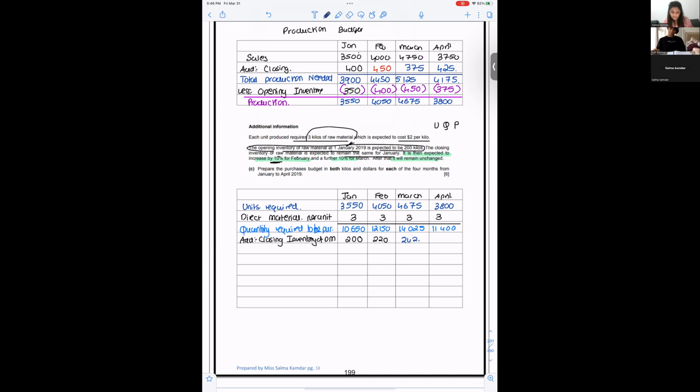For April, nothing further. After that, it will remain unchanged. Quantity that is required to be purchased, add the closing inventory, it becomes how much?